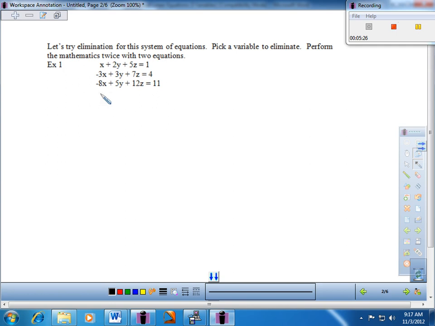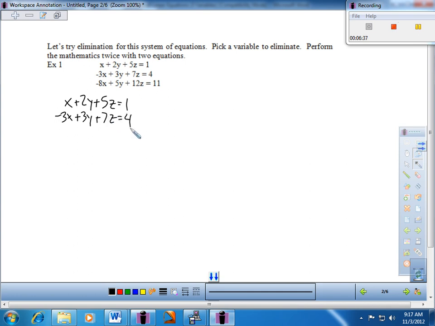So what we're going to do, as it says, we're going to do it twice over with two equations. So here's how I'm going to run it. And again, if you decide to take a different path, that's perfectly fine. Especially the first time, I'm going to really write out every step for you. And I'm going to be extra careful with my arithmetic. You do the same. But basically, I'm going to get this piece right here.